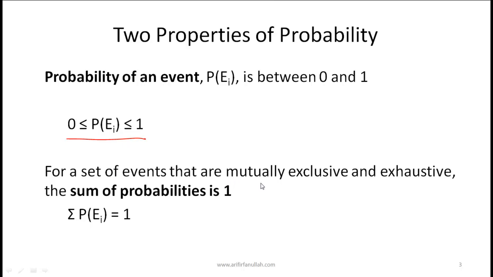For a set of events that are mutually exclusive and exhaustive, the sum of probabilities is 1. So in the rolling a die example, the probability of getting a 1 is 1/6, probability of getting a 2 is 1/6, and so on. If you take all 6 events which are mutually exclusive and exhaustive, the sum of those 6 probabilities will be equal to 1.